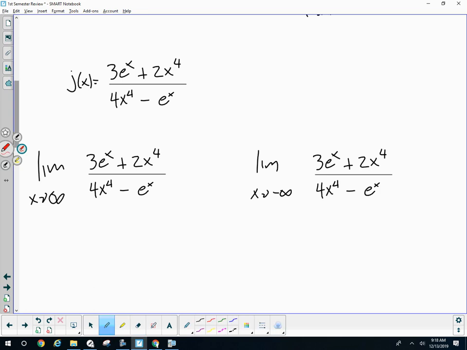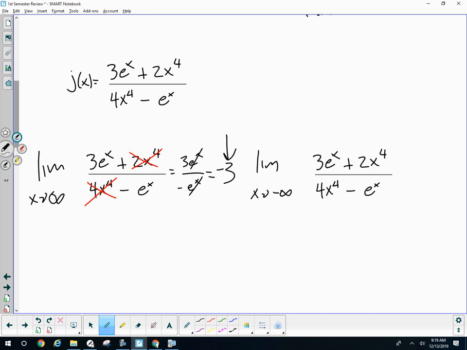If I'm plugging in infinity in the numerator, 2x to the 4th, gone. e to the x is growing faster. 4x to the 4th, gone. e to the x is growing faster. Well, now I have a situation where I have 3 e to the x over negative e to the x. Well, the growths of the e to the x would actually cancel out, and I'd have a value that we'd be approaching, negative 3. Okay, so to the right, I'm approaching negative 3.